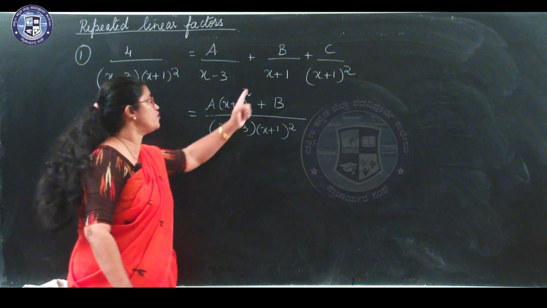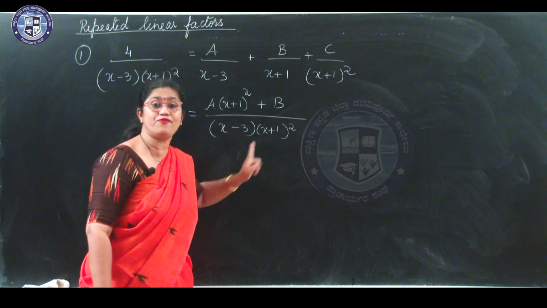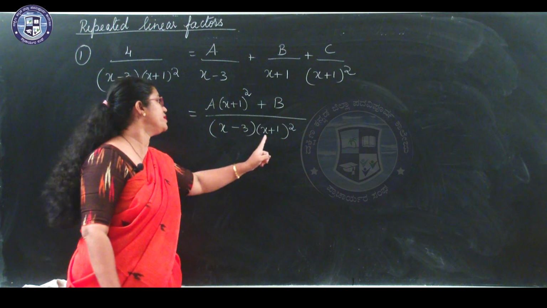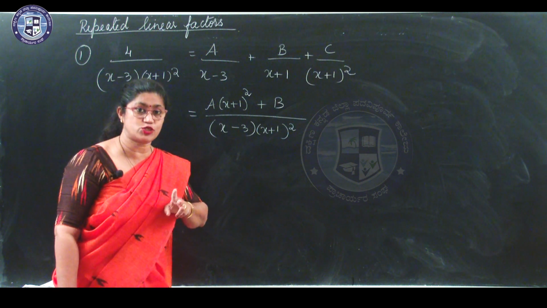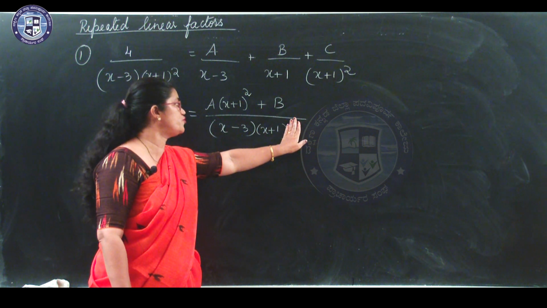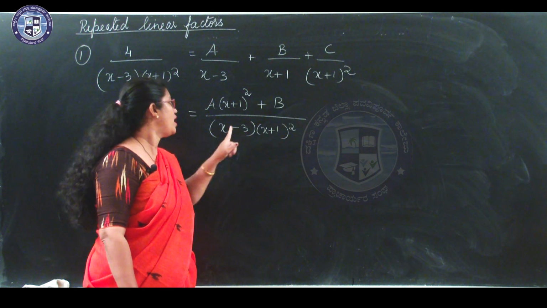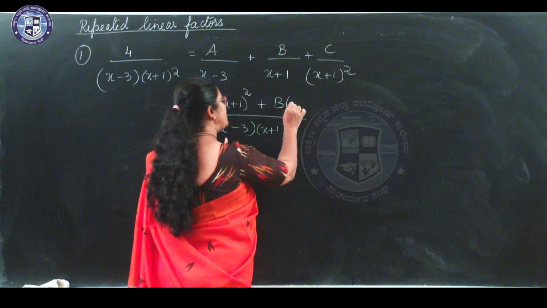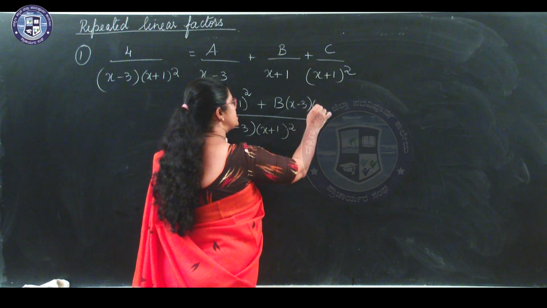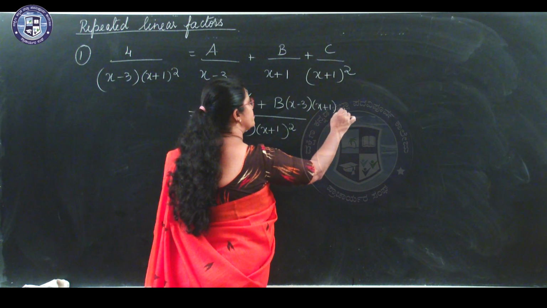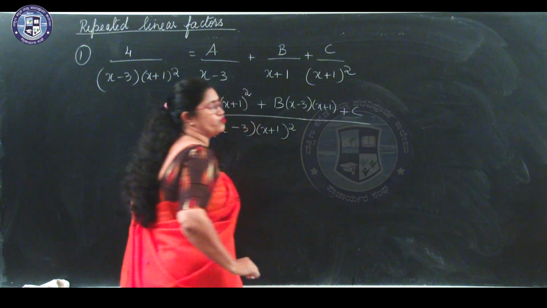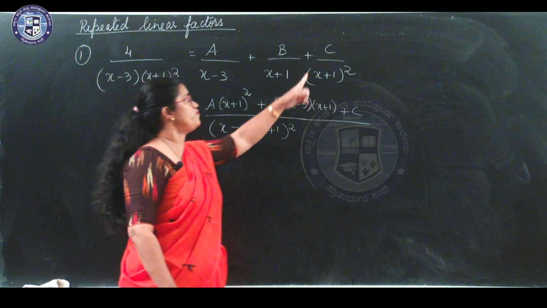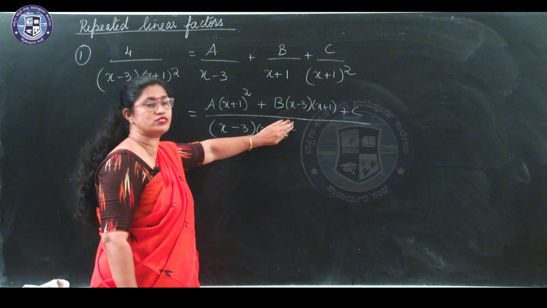Now, B has for the denominator only one factor of (x plus 1), but here there are two factors. So, I need one more. And (x minus 3) also is not there for the denominator here. So, B into (x minus 3) and (x plus 1) plus C into. Now, what is there for the denominator? (x plus 1) the whole square is there.